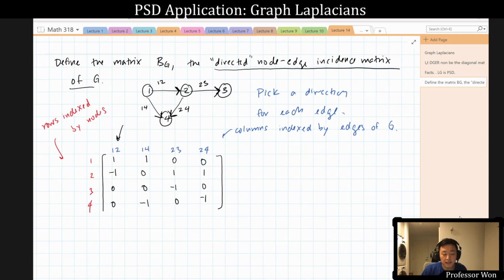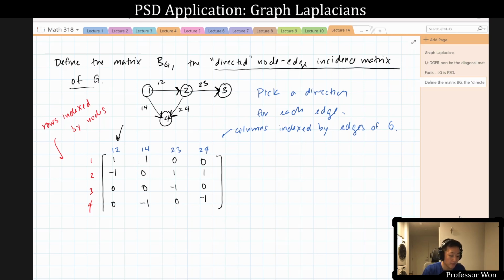And I said the direction doesn't matter, so depending on how you chose the directions of your edges, some of you might have called this one negative 1, 1 if you thought that the edge went from 4 to 1. But that's all that's going to change if you choose different edge directions.